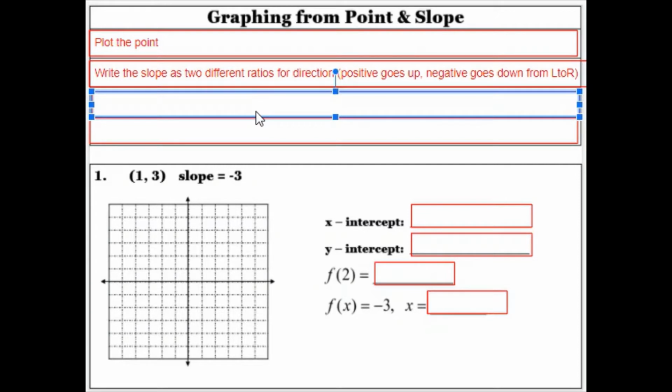The next thing that we will do is start at that plotted point. So start at the point plotted. Use the slope to move and plot additional points on the line.